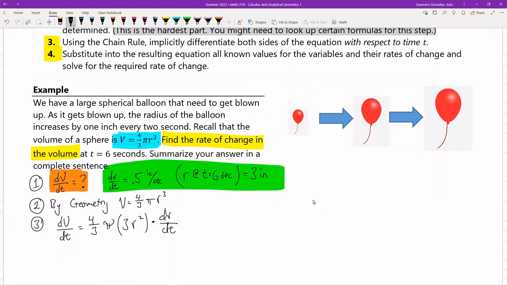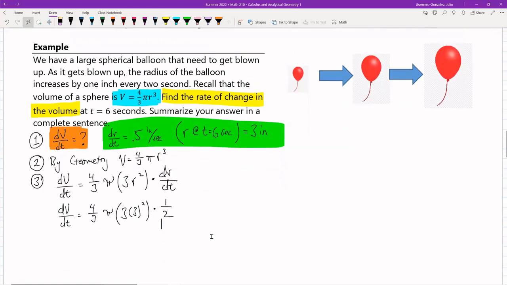So dV over dt is 4/3 pi times 3. We needed the radius at 6 seconds, which was the 3 inches. So this is going to be 3 squared times dr dt, which is 0.5. I'm going to go ahead and switch that to 1/2 because it's math. I can do that.